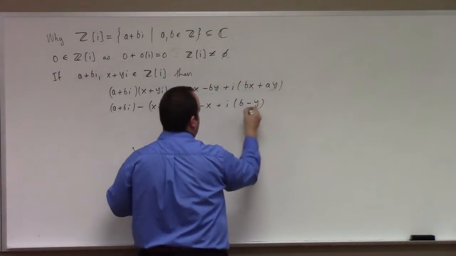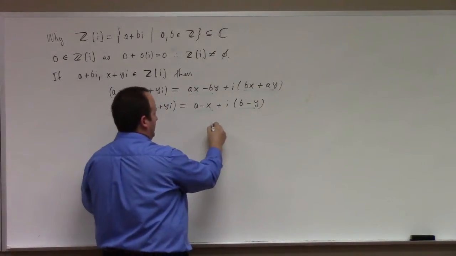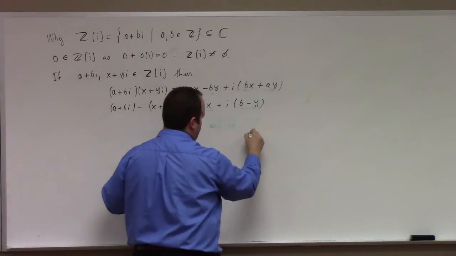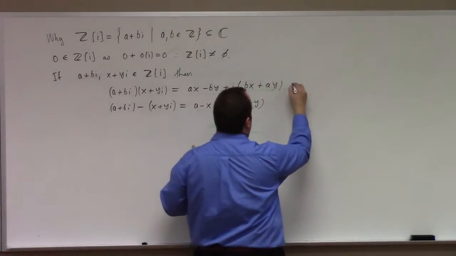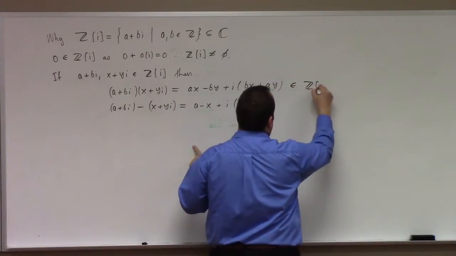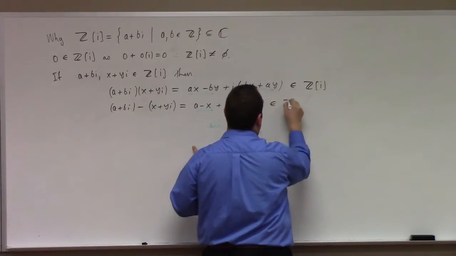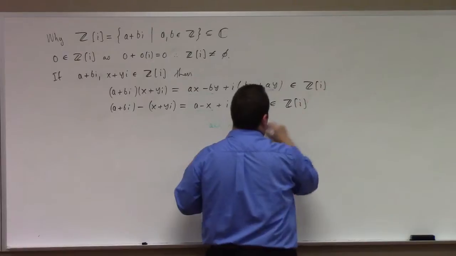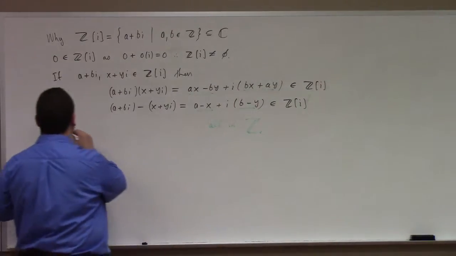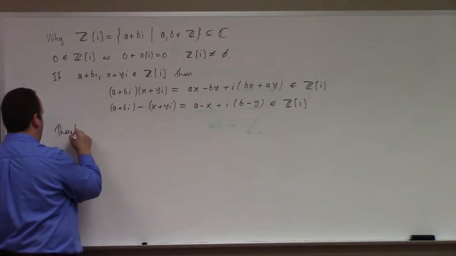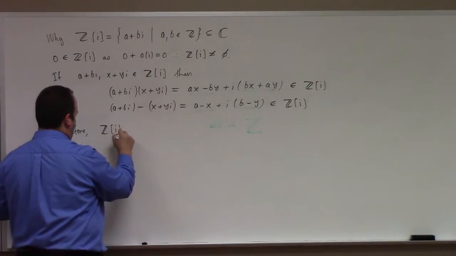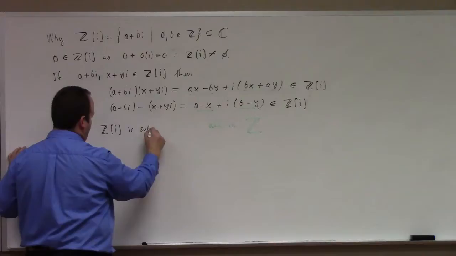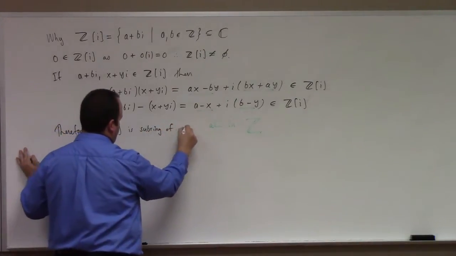So that means that this is an element of Zi, and this is an element of Zi. Therefore, Zi is a subring of the complex numbers.